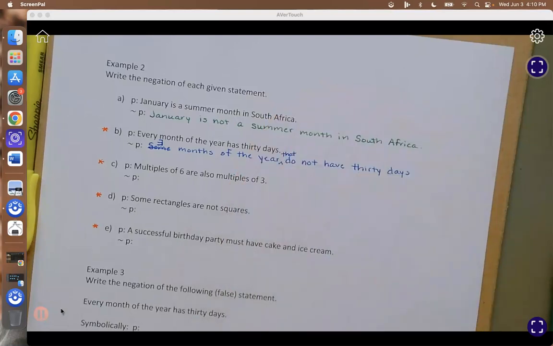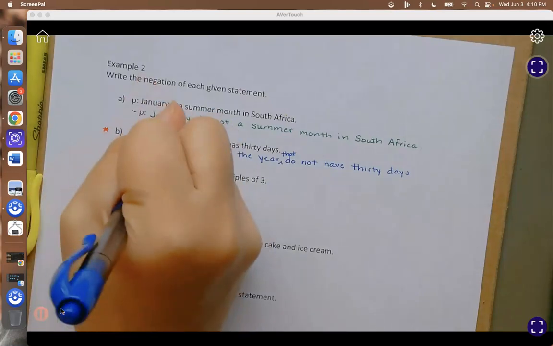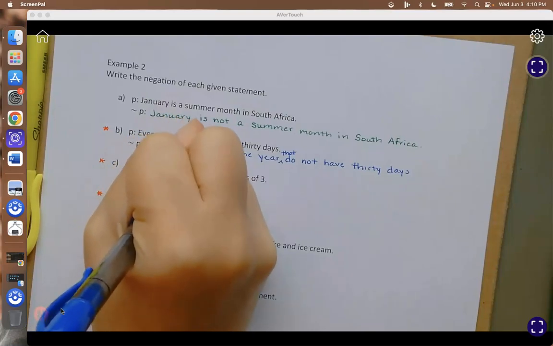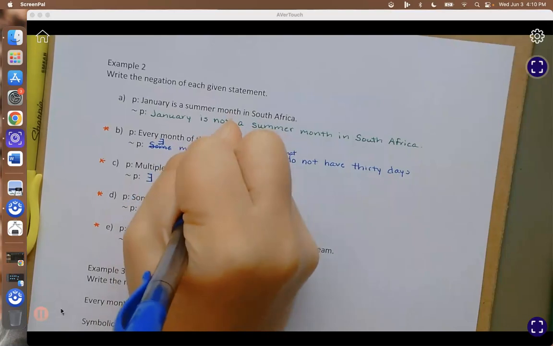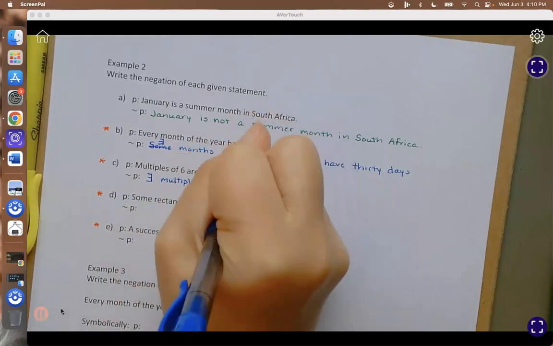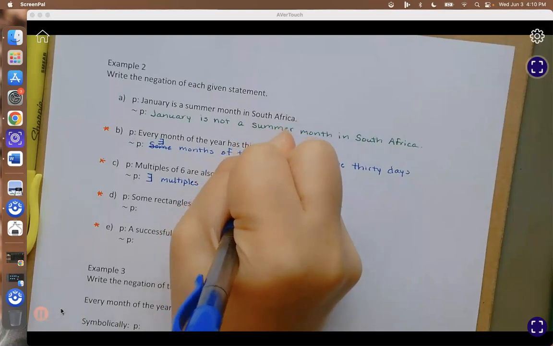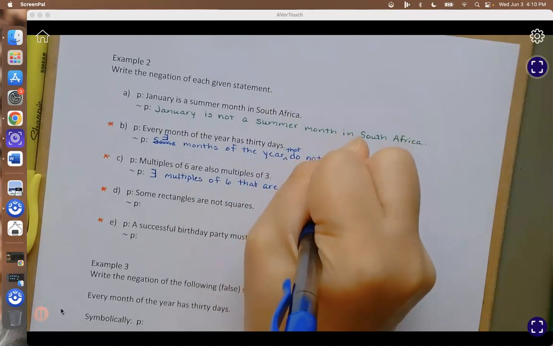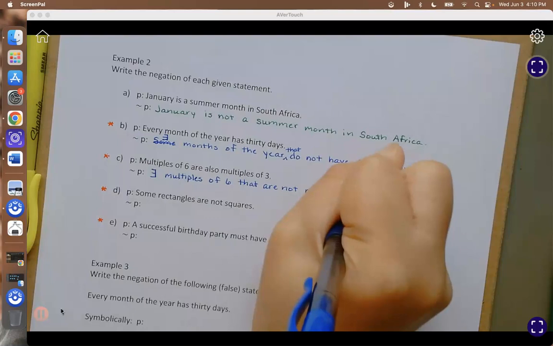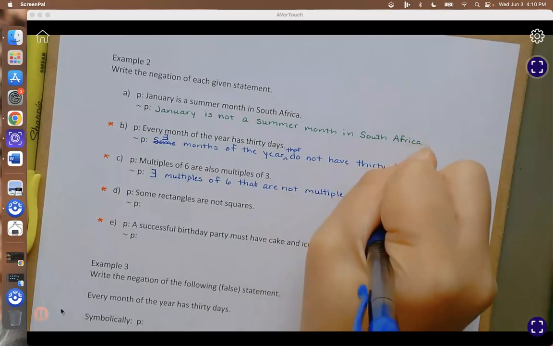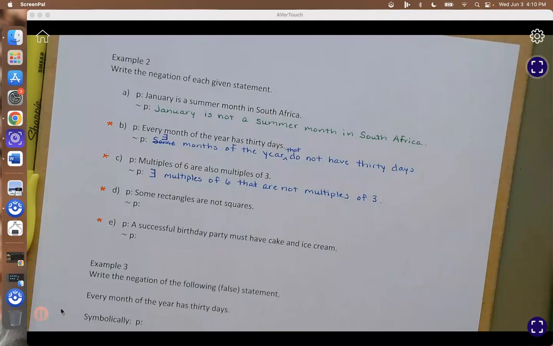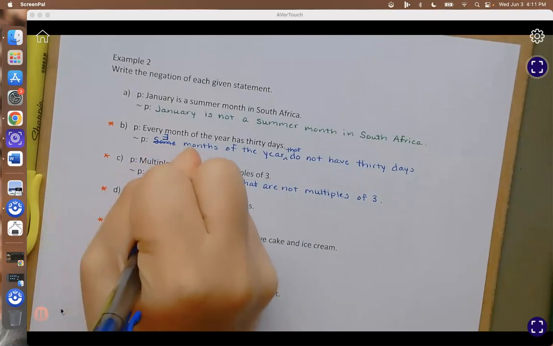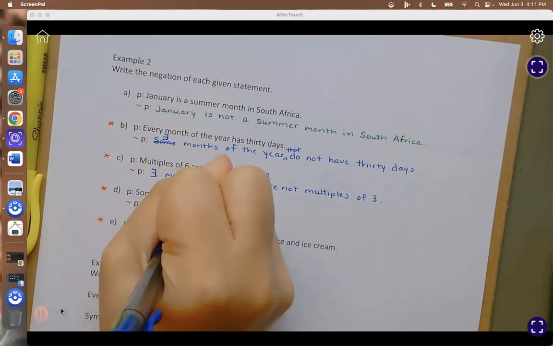Multiples of 6 are also multiples of 3. Okay, there exist multiples of 6 that are not multiples of 3. Some rectangles are not squares. All rectangles are squares.